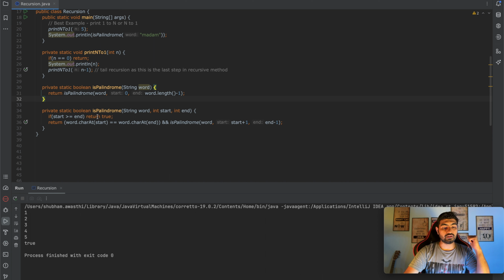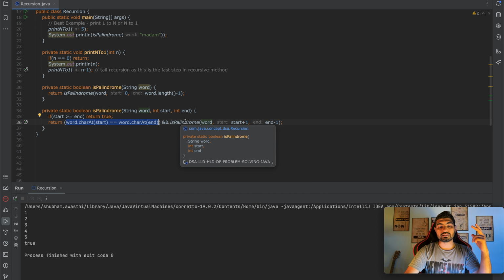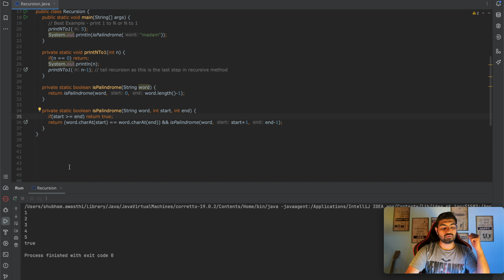That's the same logic we have written here. If start is greater than or equal to end, you should return. Or else, for every single index, do the comparison, make sure they are equal, and again do the recursive call by incrementing the start and decrementing the end. And that's how you will know whether this is a palindrome or not. And you're getting true, as you can see.